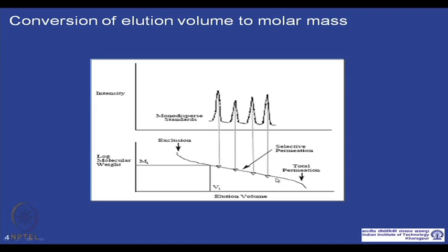We do see that the elution volume decreases linearly with log M, and this has been taken advantage of to make a calibration curve, where known, very monodispersed polymer standards which have very low polydispersity, like in this case 4 samples shown here, are injected and their elution volumes are recorded, and likewise a calibration curve is constructed by injecting many monodispersed polymer samples.